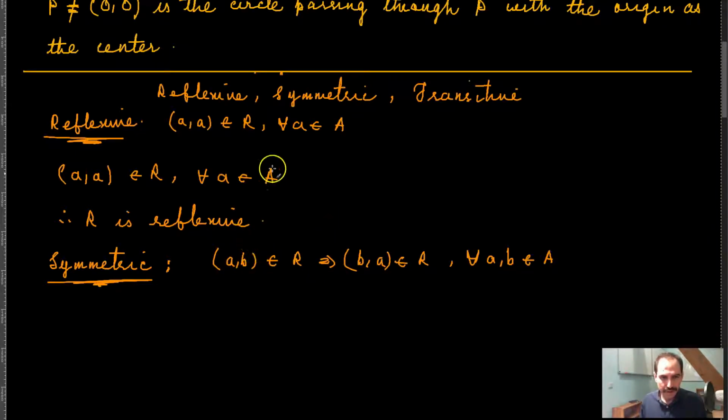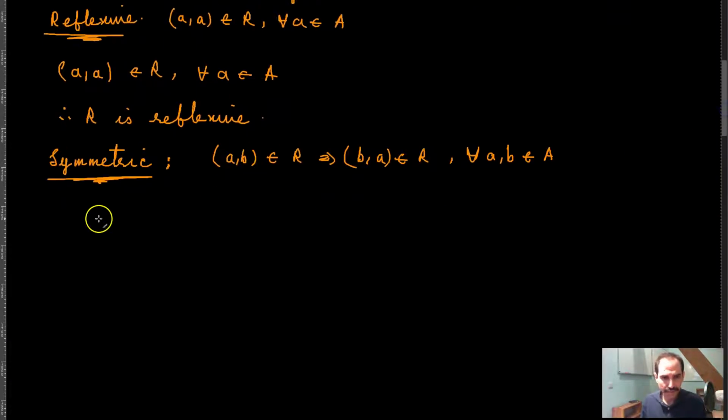So suppose that some A comma B does belong to R. What that means is that the distance of the point A from the origin is the same as the distance of the point B from the origin, which also means that the distance of the point B from the origin is the same as the distance of the point A from the origin, which implies that B comma A also belongs to R, right?